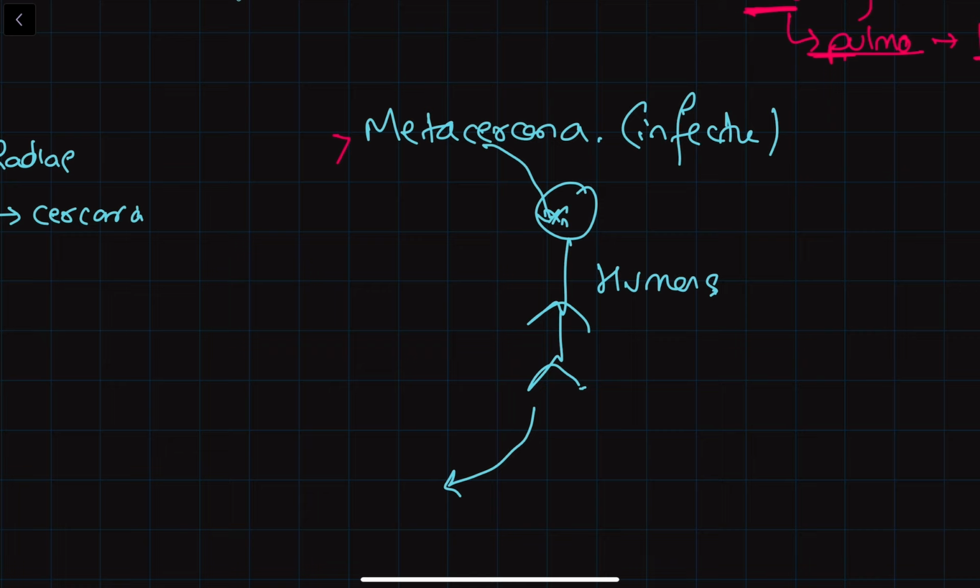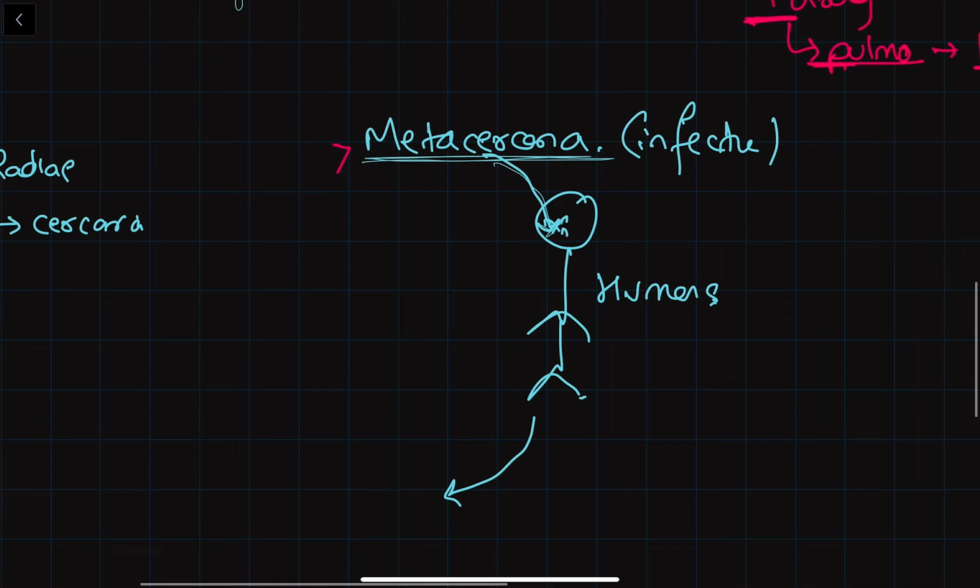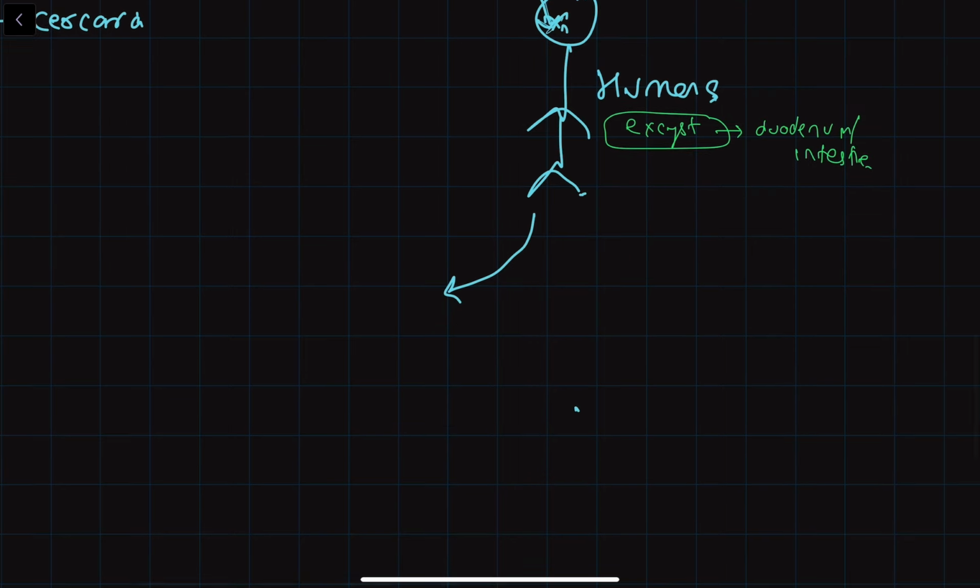It starts with ingestion of metacercaria by humans. These metacercaria excyst in the human duodenum or intestine, and then they lay eggs.